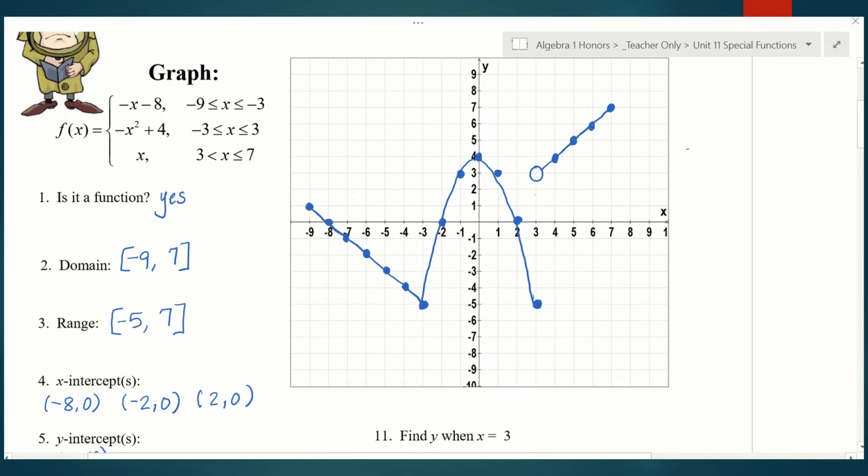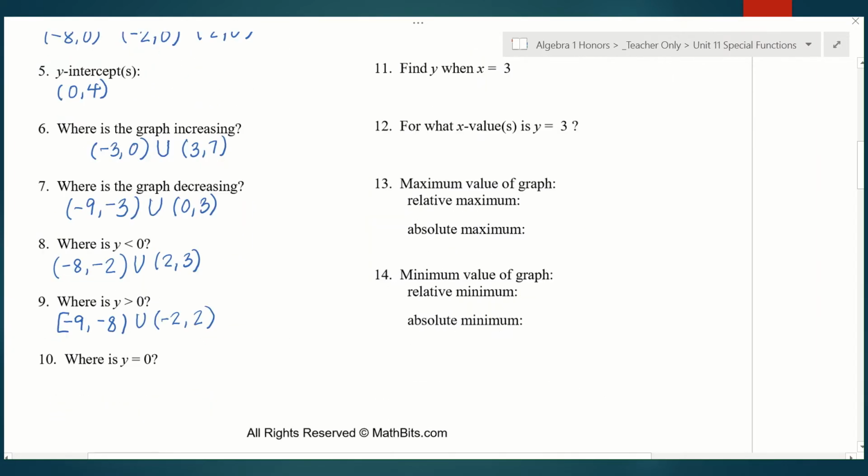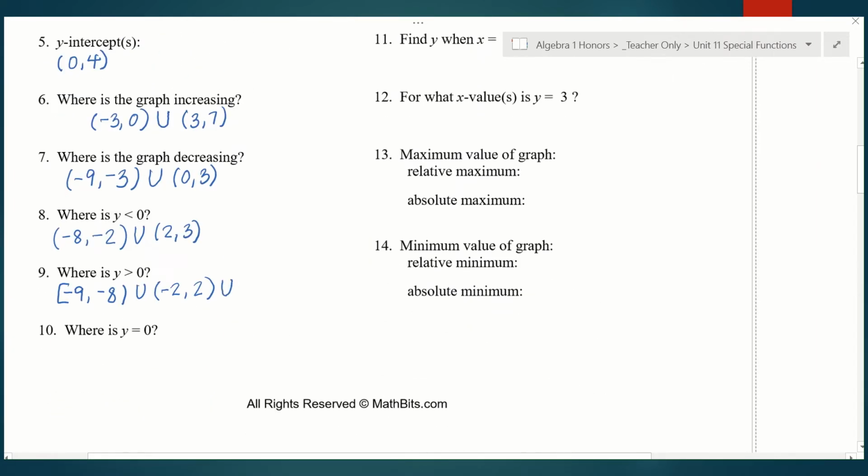But when x is 7, y is +7, and since 7 is a positive number, I can include that. So my last interval is from 3 to 7 and includes that 7. Okay, I was really testing your knowledge of your interval notation.